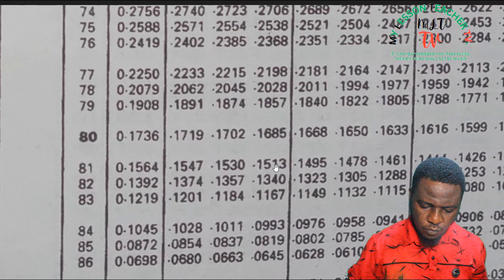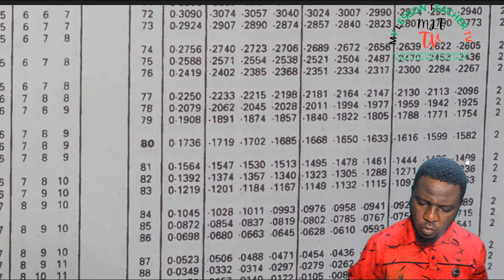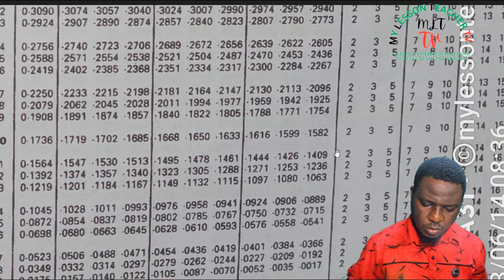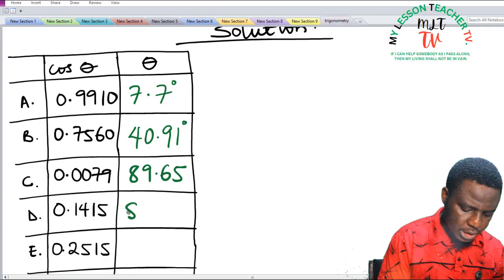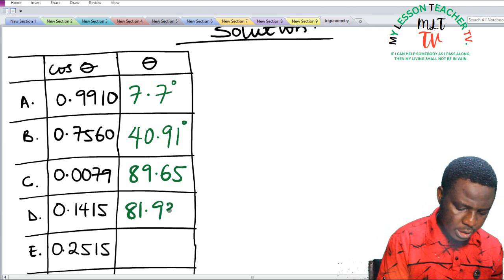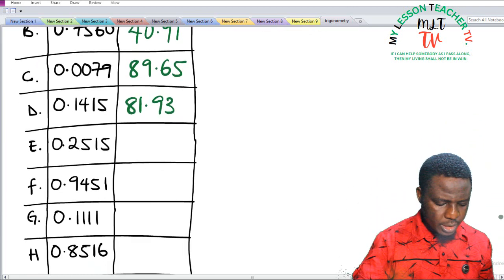I have 1409, looking for a difference of 6, and there's no difference of 6, so I'll pick a difference of 5, and the difference of 5 is under 3. So my answer now is 81 under 9, difference 3. So our answer is 81.93.